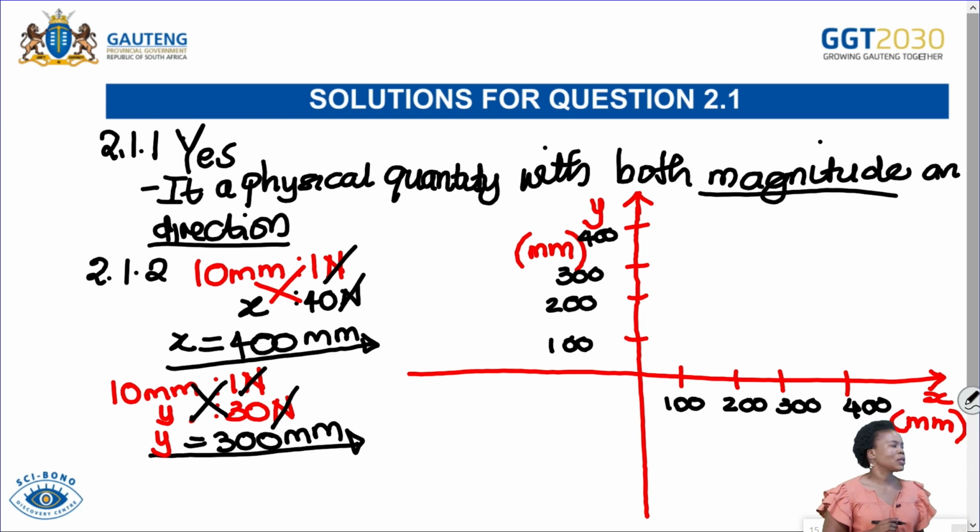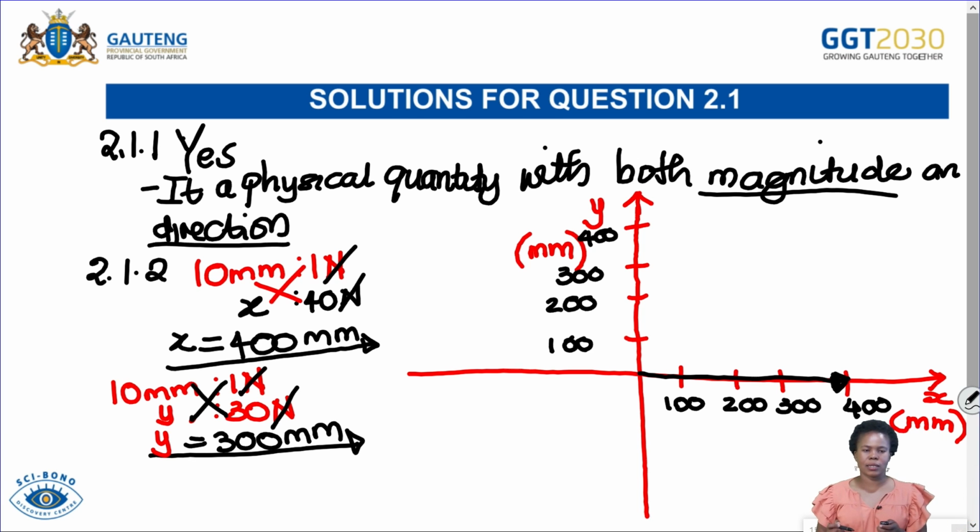Okay, and then you measure it nicely by your x. It should be 400. From the 0 point, you just go straight until you reach 400 using your ruler, and where you end, there has to be an arrow.